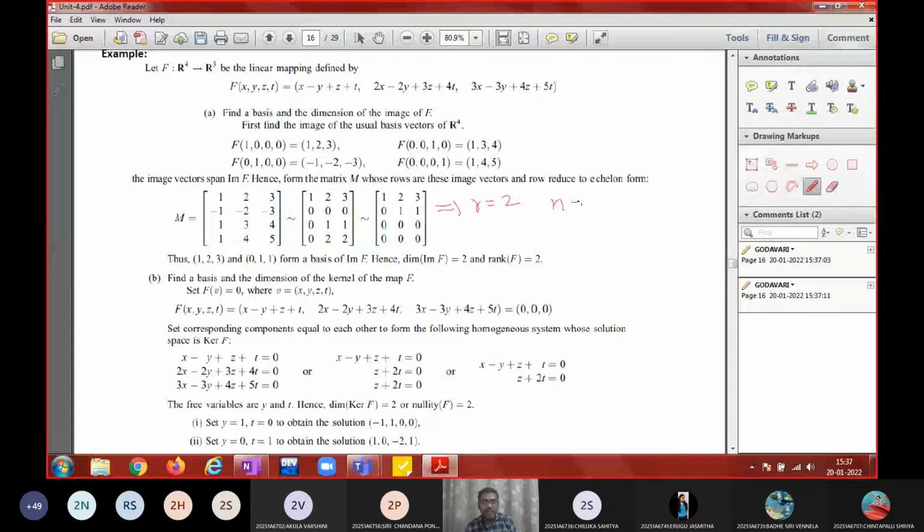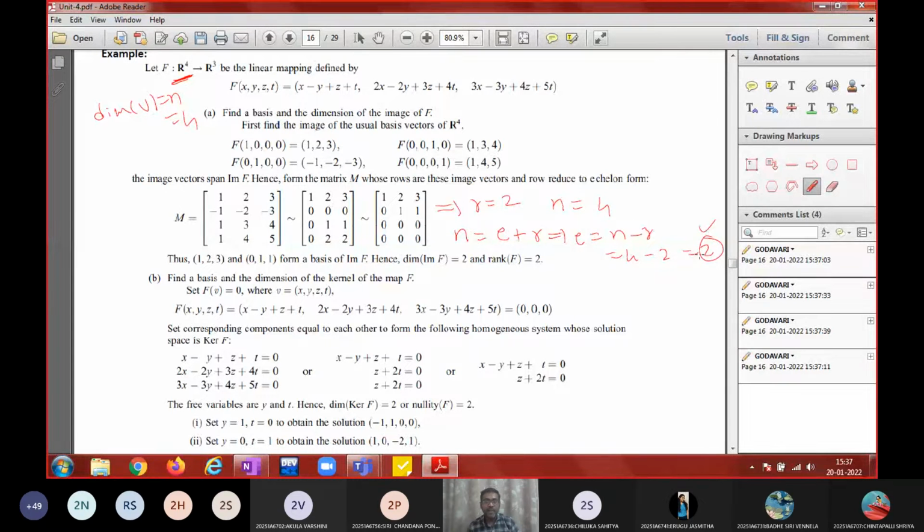And what is n? The dimension of V equals n, which is 4. And we know n equals rank plus nullity. Therefore, nullity equals n minus r, that means 4 minus 2 equals 2. So we get the dimension of the null space to be 2.